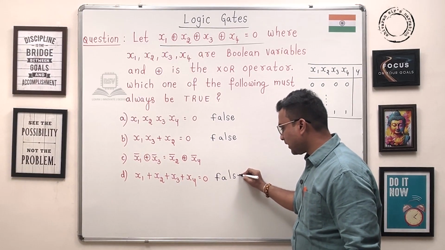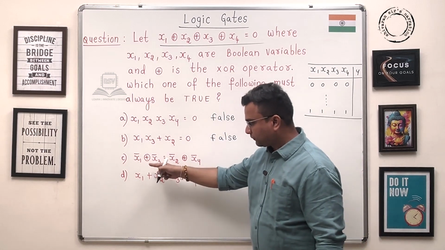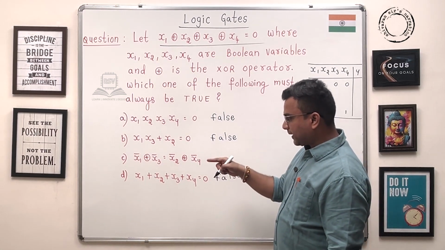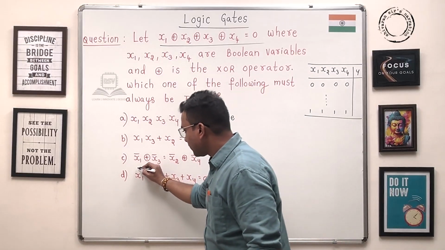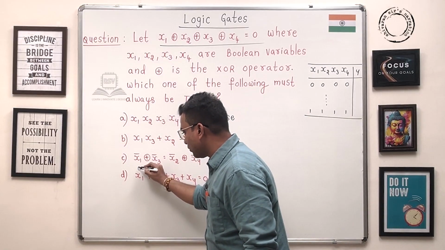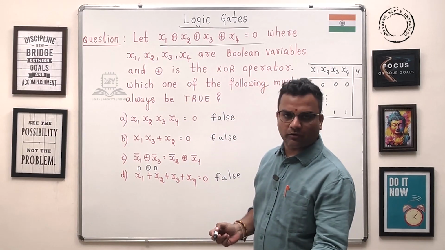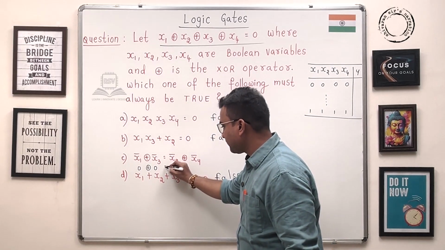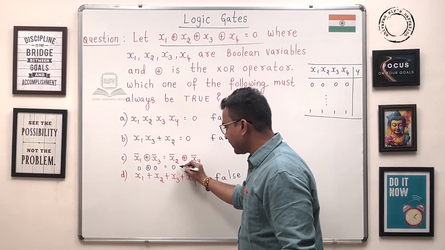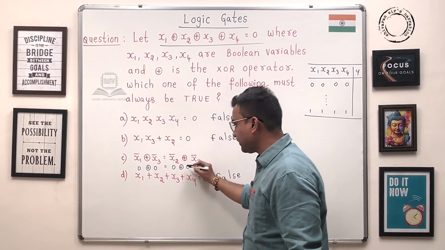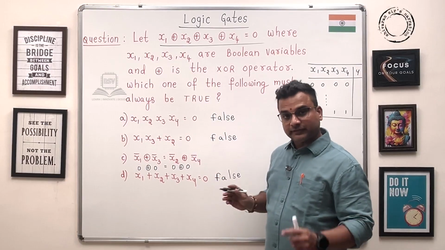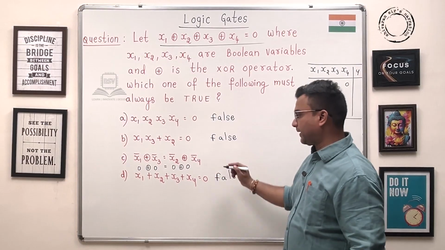Okay guys, now you take the third one, x1 bar, x3 bar. It is like 1 bar is 0, 0 XOR 0 is 0 only. Similarly, x2 bar 0 XOR 0 is 0 only. Yes, here this condition is satisfied.